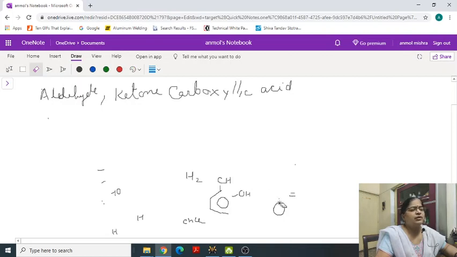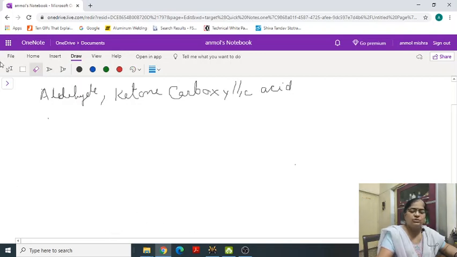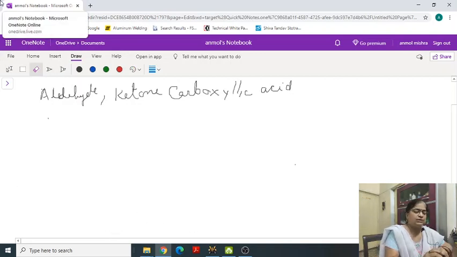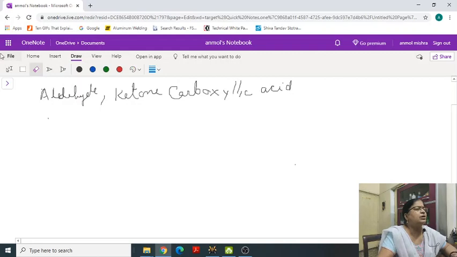Now, while writing IUPAC naming of aldehyde and ketone, the carbon of the functional group is also included in the long chain. This is the most important point, that in IUPAC naming, the carbon of the functional group is also included in the long chain.